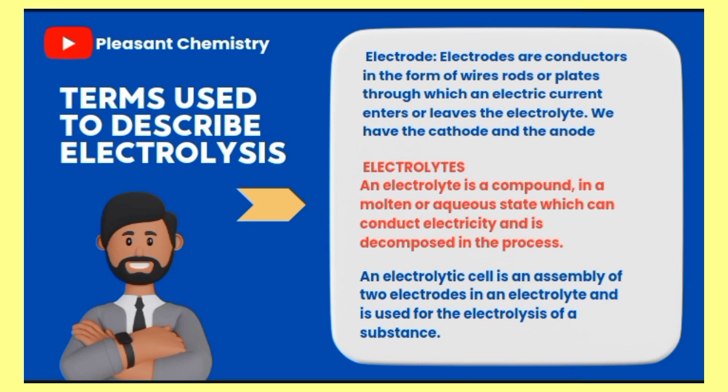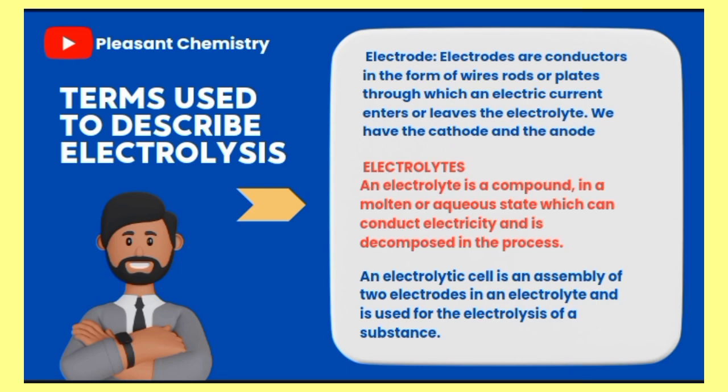The cathode that is positive for electricity is now the negative, and the anode is now positive for the electrolytic cell. Just an exchange of ions. Now let's move to the second one, the electrolyte.